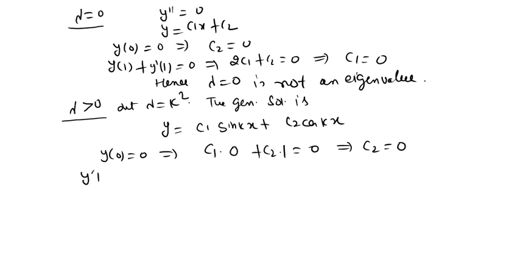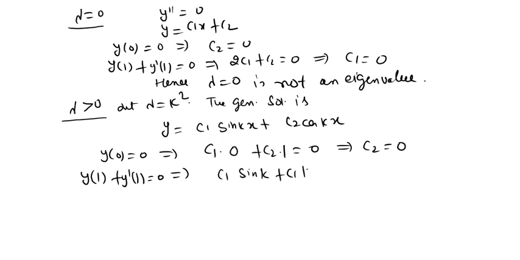Then y at 1 plus y dash at 1: y at 1 is c1 sin k, and with c2 equal to 0, y dash at 1 is c1 k cos k.